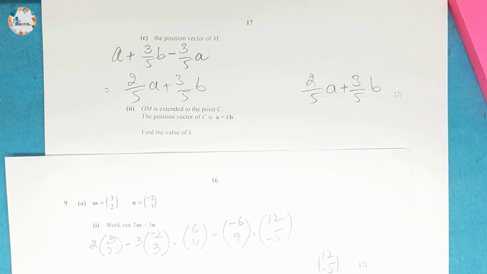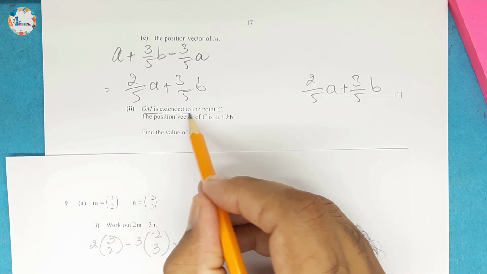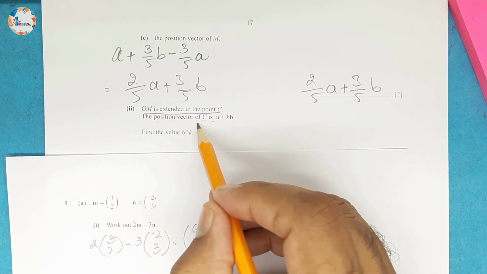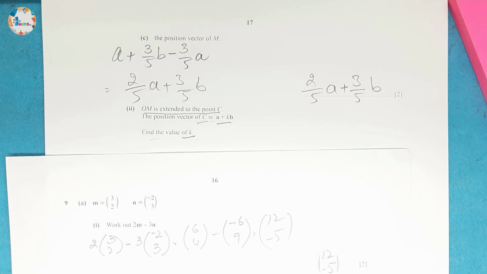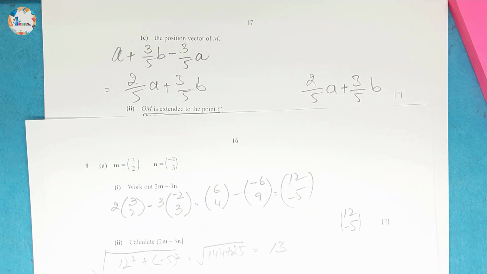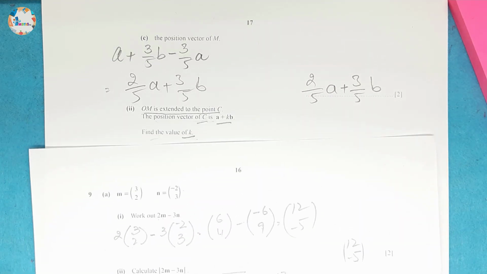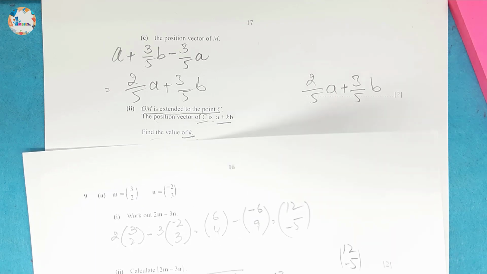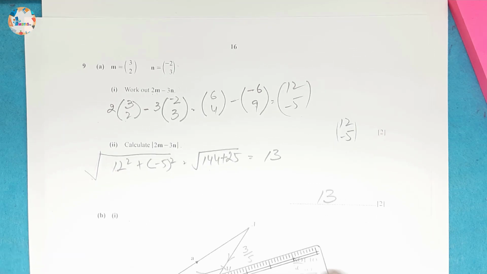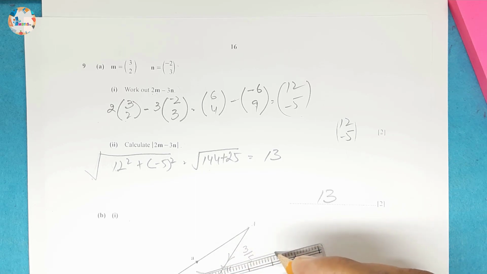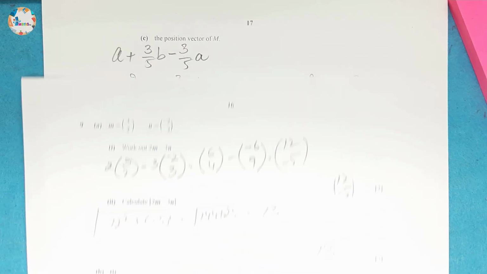Then OM is extended to point C. The position vector of C is this one. Find the value of k. So OM is extended to point C, like this one. We can extend this.